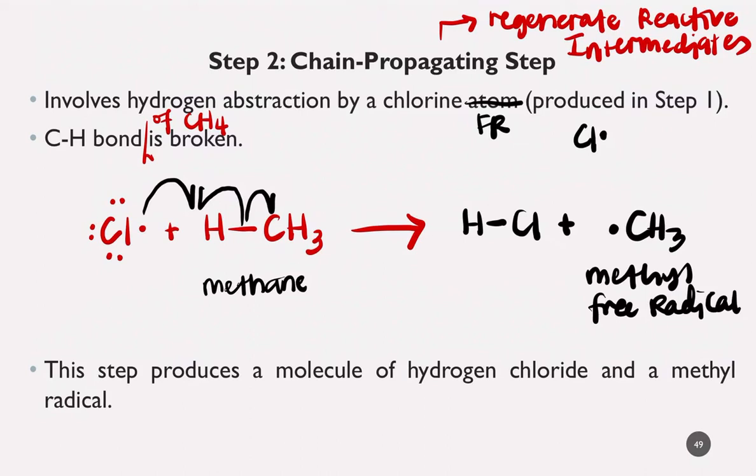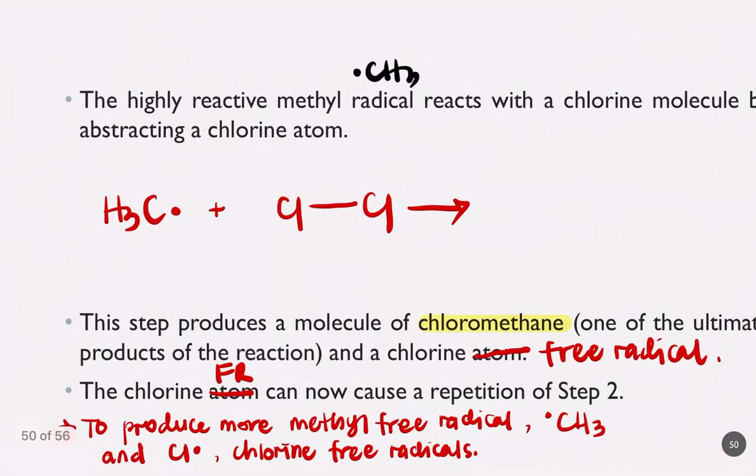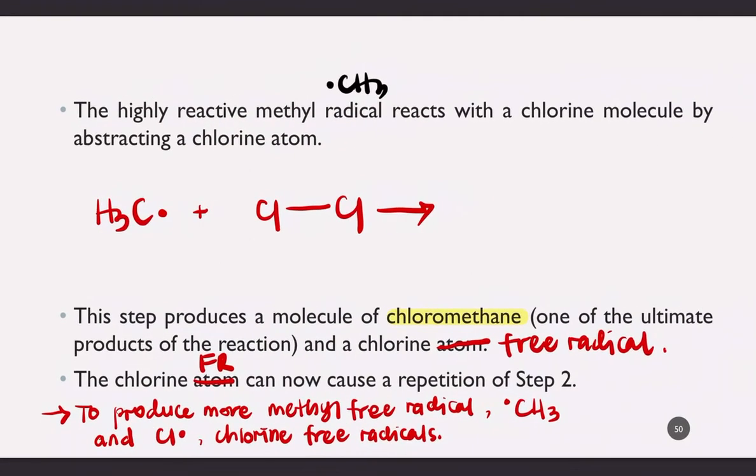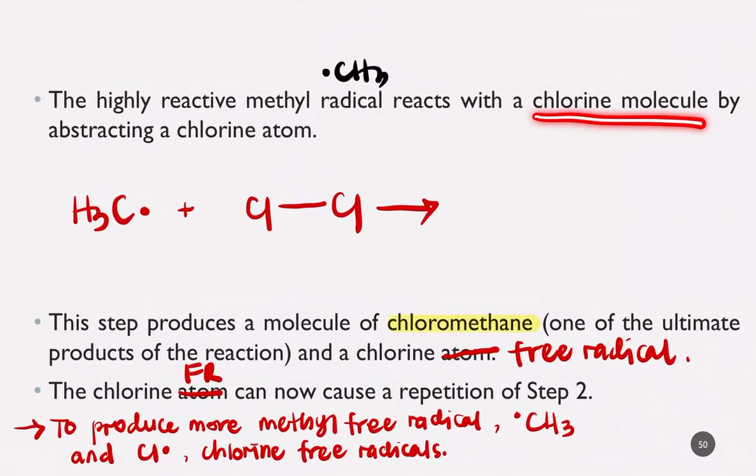So apa yang kita dah ada tadi, we have our highly reactive methyl free radical. This will react with chlorine molecule by extracting chlorine atom. So maksudnya abstracting maksudnya dia akan cabut satu chlorine atom and react with itself lah.